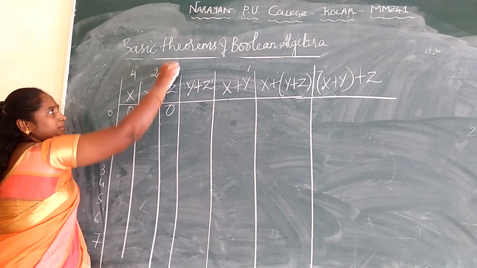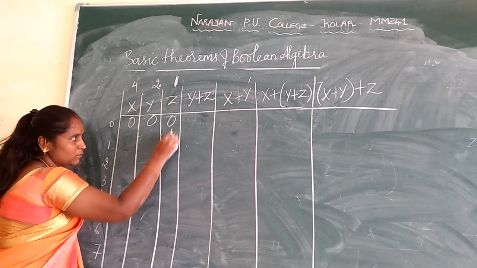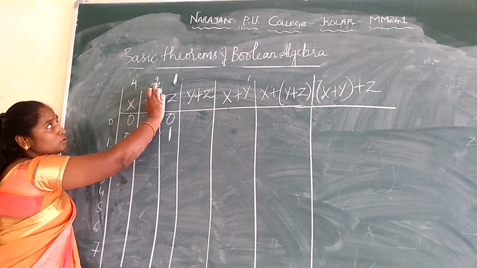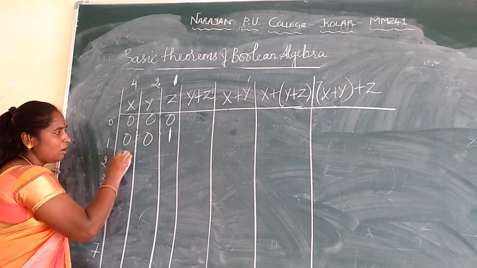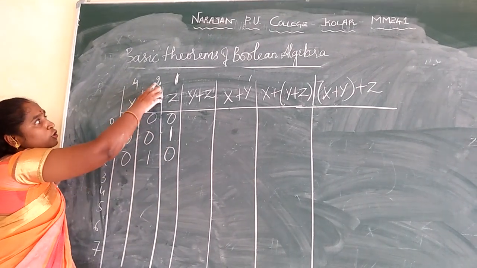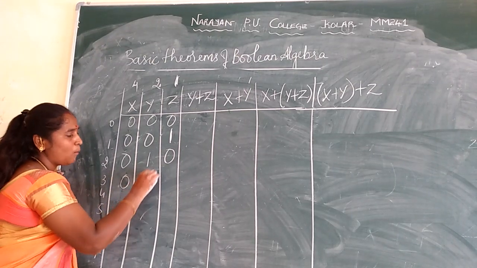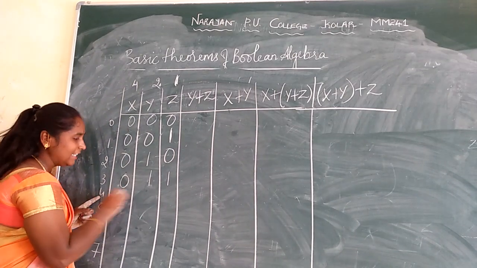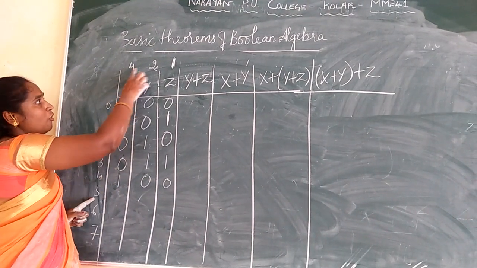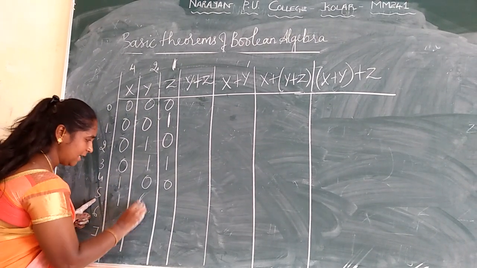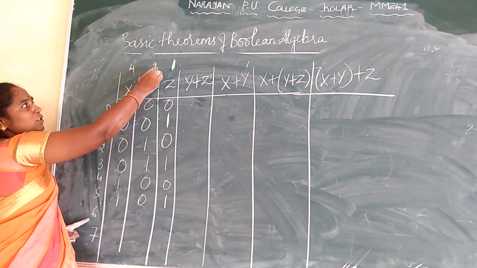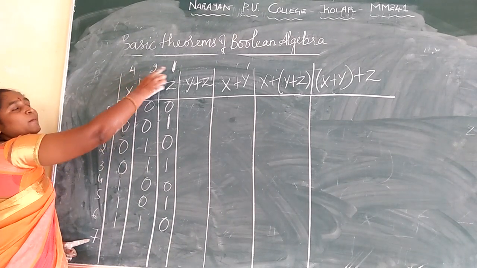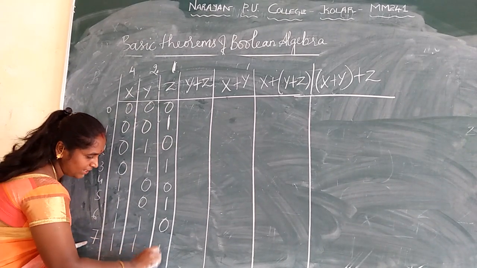Next, 1: in the place of 1 it is 1, the other places 0. This is a multiple of 2: 1 two is 2, 2 twos are 4. Next 2 is 0, 1, 0. 3, 2 plus 1, is 0, 1, 1. 4, in the place of 4 it is 1, the remaining places 0. 5, 4 plus 1. 6, 4 plus 2. 7, 4 plus 2 plus 1.